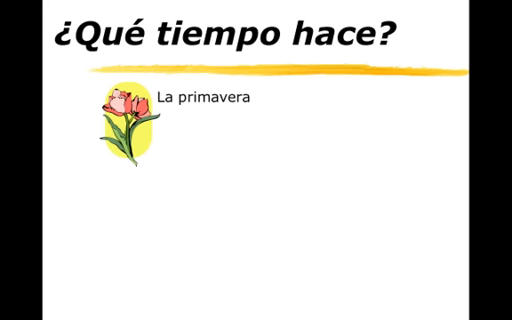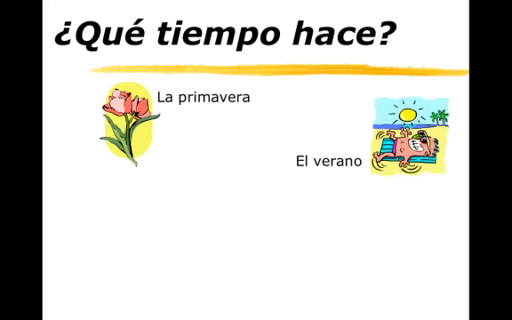La primavera. En la primavera llueve mucho. Hay muchas flores. La primavera es durante los meses de mayo, marzo y abril. El verano. En el verano hace mucho sol. Hace calor también.